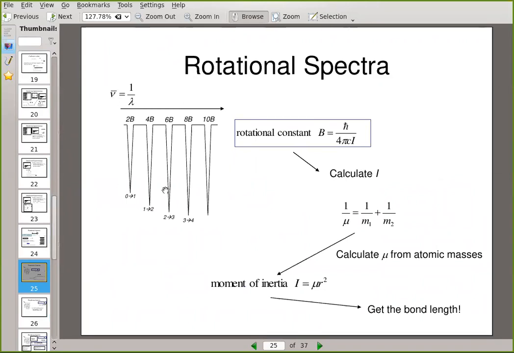We start from spectroscopy, we look at the spectra, and we know the actual difference in wave number is 2B for each of those. From the 2B, we can calculate B. From B, we can calculate I, the moment of inertia. If you know mu, the reduced mass, from atomic masses, then you can calculate the bond length of the system.